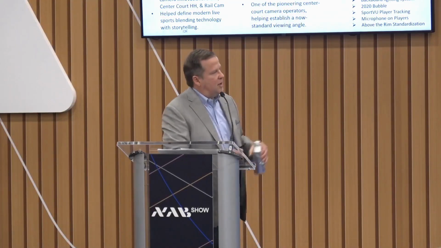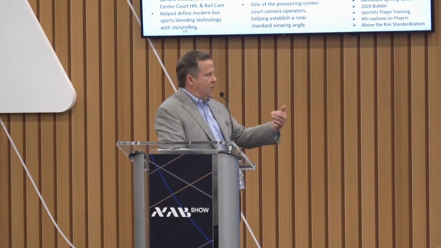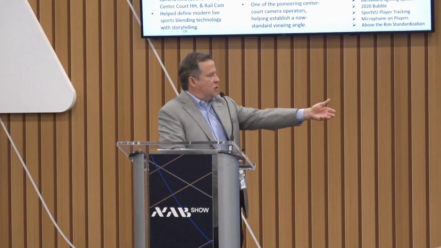Can you guys address the transition from standard def to high def and what that meant, starting from the league standpoint, from the truck standpoint? Well, there's no doubt that HD, because the aspect ratio, greatly improved the experience of viewing the NBA. In fact, that's where we first came up with the idea. Well, actually, it was Phil Garvin of Mobile TV Group who came up with the idea of dual feeds, right, of sharing trucks, because it was our imperative to get more HD on the air, because it was a better experience to watch the NBA in HD.